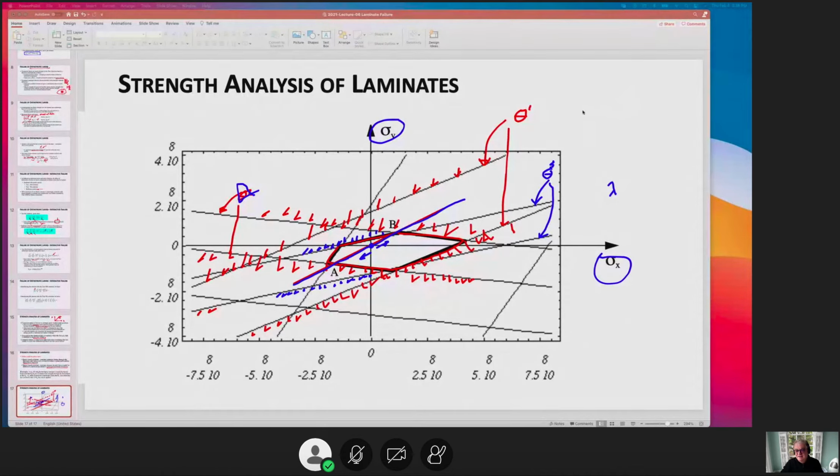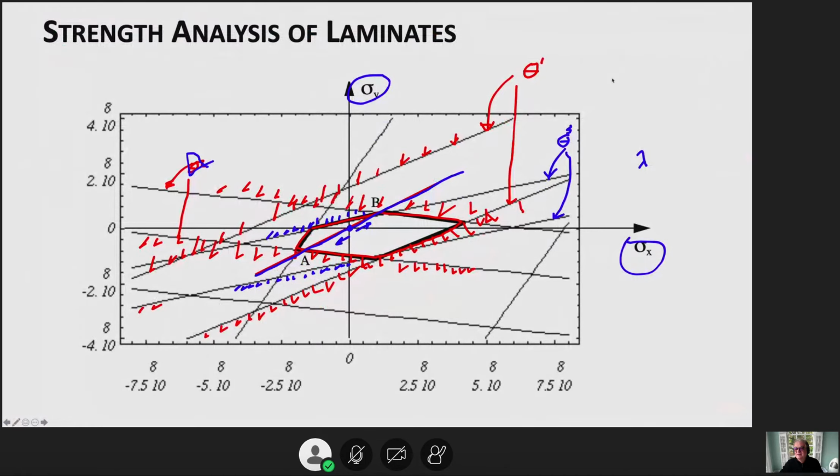Let me do a simple diagram here. Let's say, oops, let me get my pen. So I have a laminate, and I'm applying some Nx bar here, and some Ny bar there.